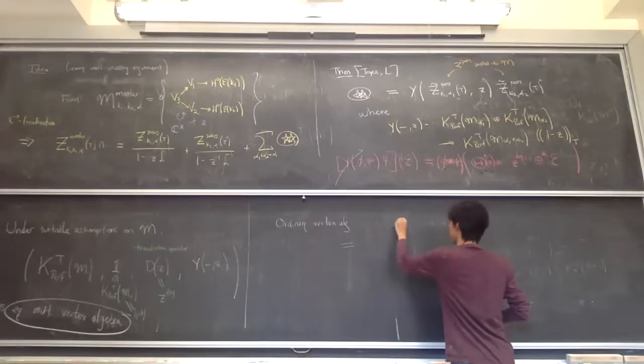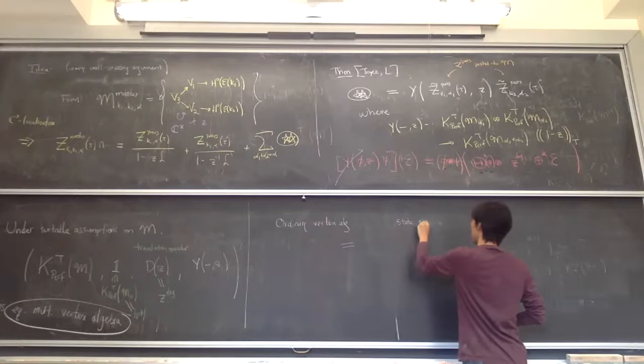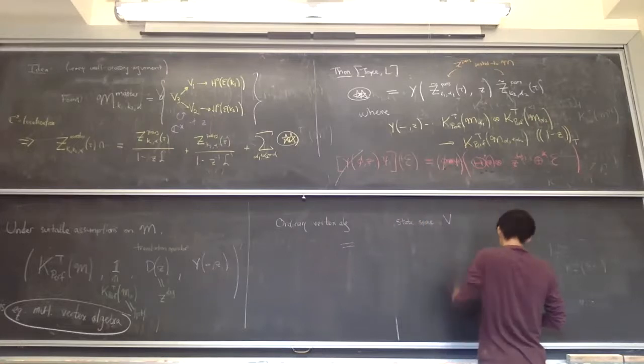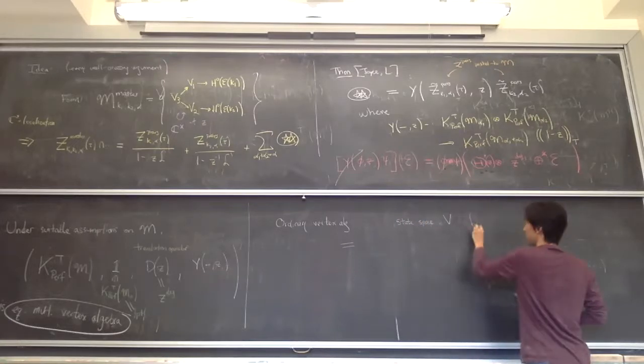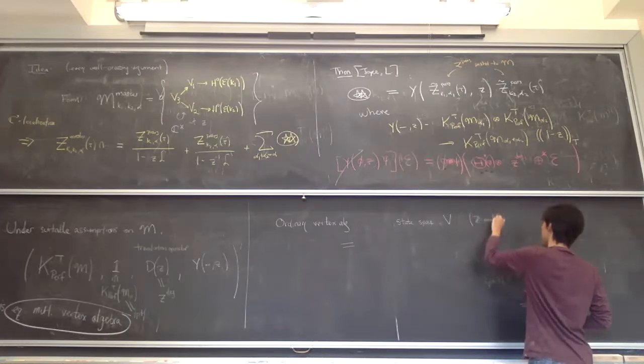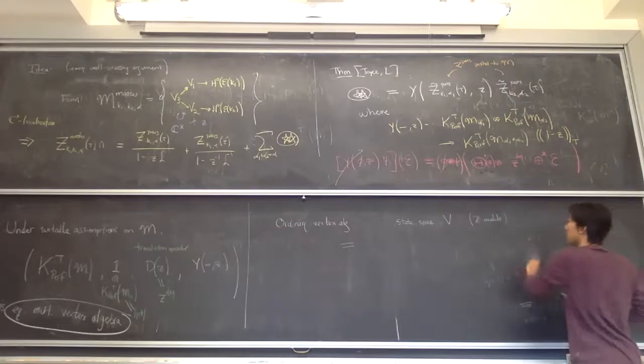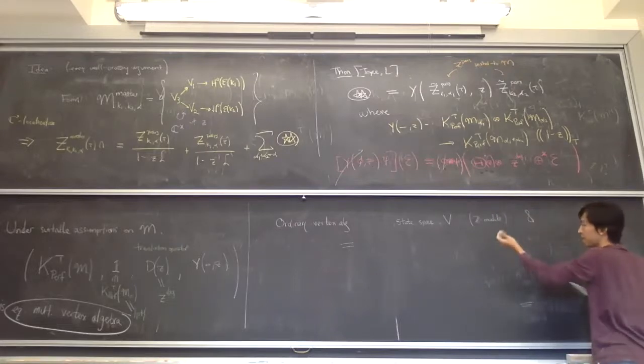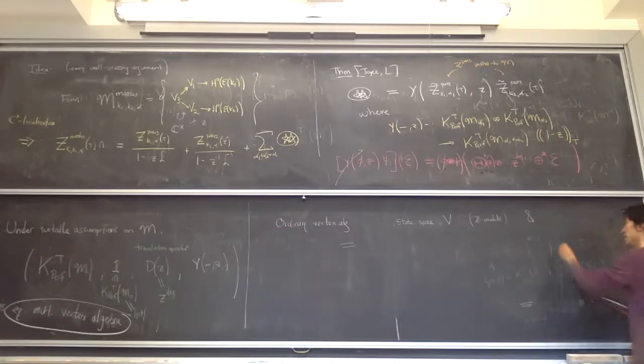This is the data of some state space V, which in general you can take to be some Z module. It really doesn't have to be a vector space. And inside the state space will be some distinguished vector, which is called the vacuum. So this is this state, which I'll write as ket 0 inside V.